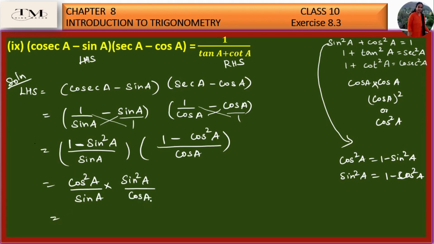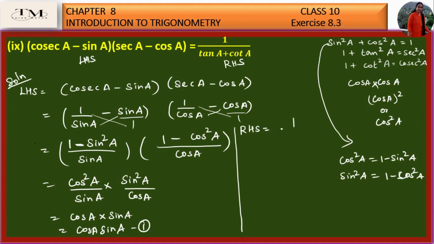The cos A gets cancelled, so it will be cos A into, here also sine A gets cancelled, so there will be sine A. That is cos A sine A. So this is the answer we are getting. Now we have to solve RHS.